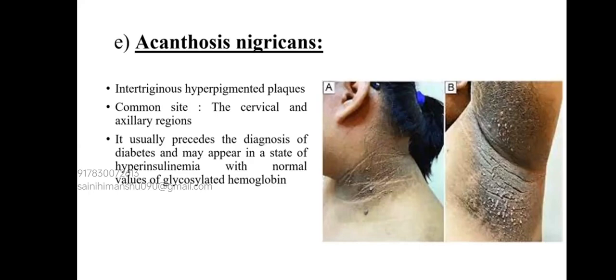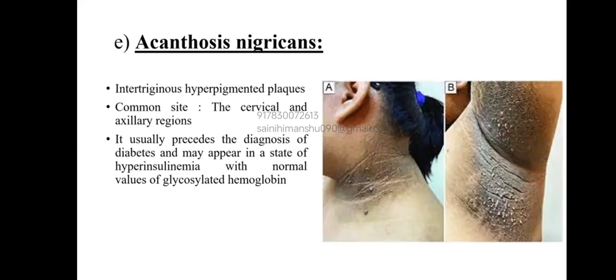The clinical presentation is explained in chapters 22 and 23, Charaka Sutra. If you see, acanthosis nigricans is exactly mentioned in that context. It's a precursor to diabetes.